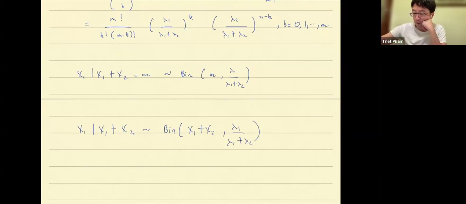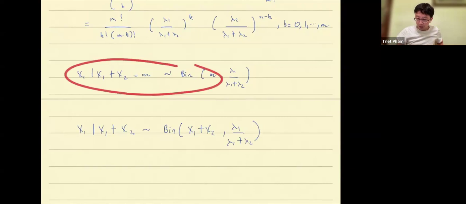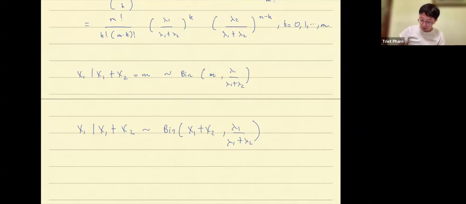Why so? Because now we can write down, maybe I have an asterisk. Once we know the conditional distribution, we can work out the conditional, this is quiz 5.